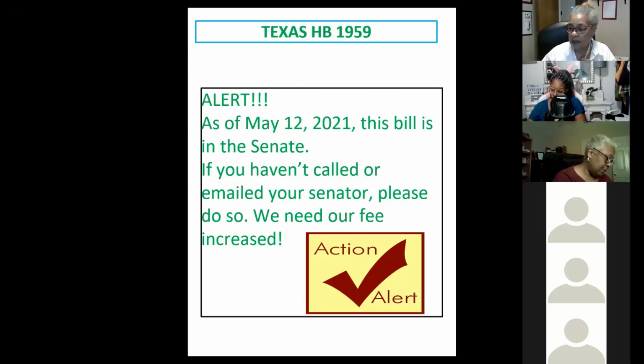But it went through the House of Representatives unopposed. Now it's stalled in the Senate. So we need to start calling again. I put a post out a couple weeks ago giving you the names of the senators for you to start calling. I sent an email already, but since it is stalled, it's not going to the calendar just yet.